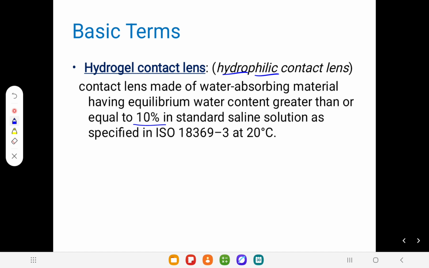Greater than 10% is called hydrophilic, so we call it Philcon, yes. Etafilcon, Galifilcon, Filcon, greater than 10%. If it is less than 10%, Focon, yes. In standard saline solution of a specific ISO, and at 20 degrees Celsius, that's hydrogel. It's very important to understand equal to 10% or greater. It's very important. Okay.